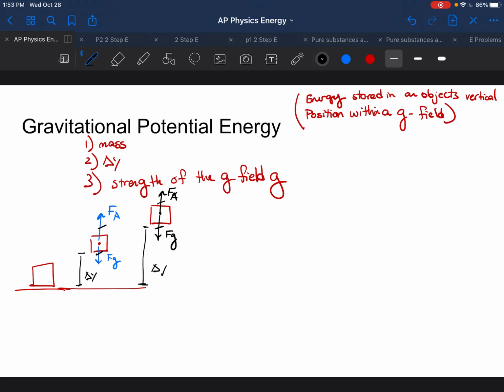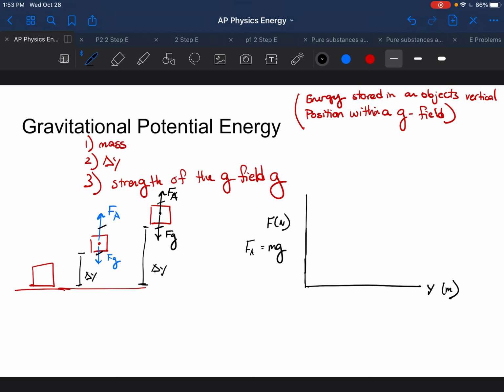Now, if we were to actually create a graph of what's happening here, let's say we have our y displacement in meters here, and we have our force in newtons, where in this case, our force is Fa, which is equal to mg, the force of gravity.